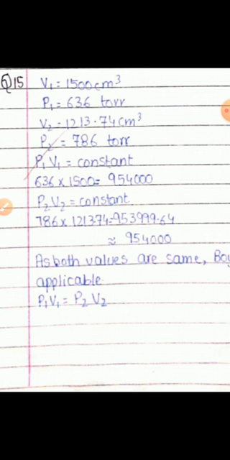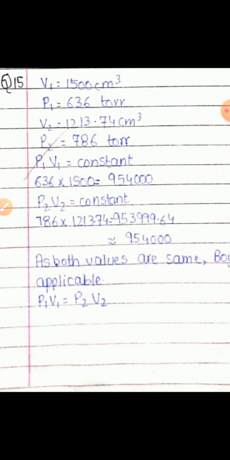The volume of the gas after it is pumped into the glass tube of the sign is 1213.74 centimeter cube when it shows a pressure of 786 torr. Show that this data obeys Boyle's law. After change, the volume is 1213.74 and the pressure P2 is 786 torr.